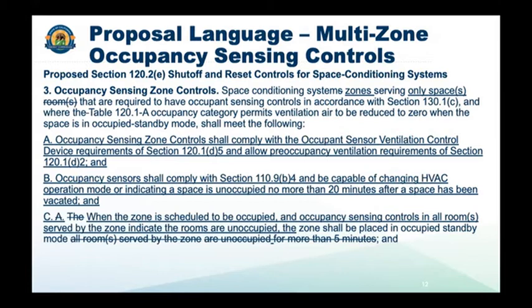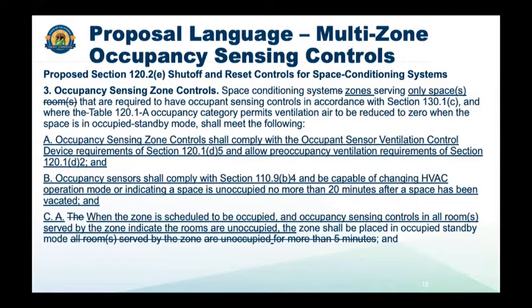120.2E3 is an existing requirement in the code. And the changes are intended to clarify existing requirements in regards to the applicable occupant sensor ventilation requirements and pre-occupancy ventilation requirements.